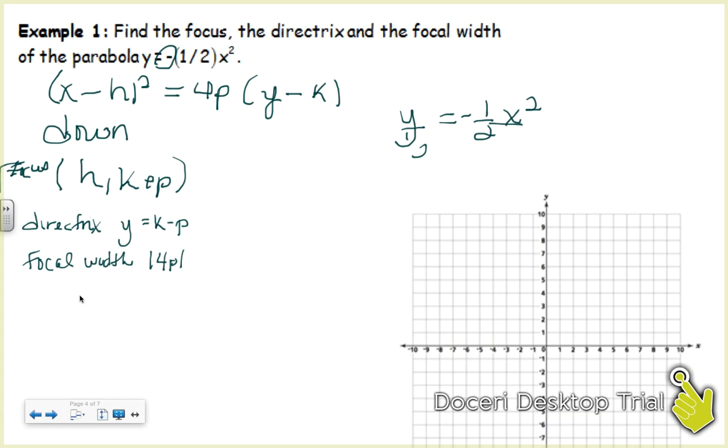So I get 2y is equal to negative 1x squared. Divide both sides by negative. So we get negative 2y is equal to x squared.